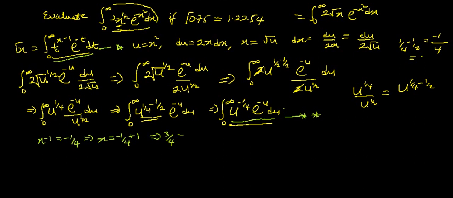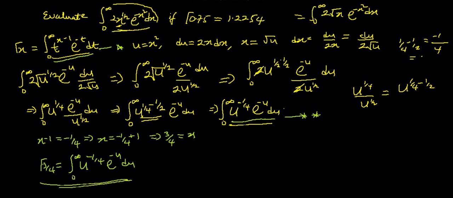From here we know that this is equal to x. Now looking at this formula, the integral for x equal to 3 over 4 is the integral from 0 to infinity of u raised to the power of minus 1 over 4 exponential minus u du. So this is the gamma of 3 over 4.